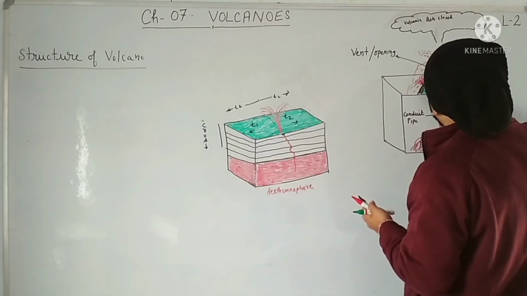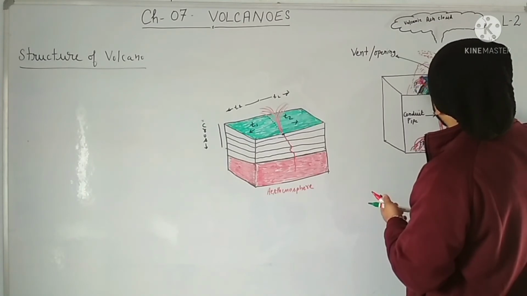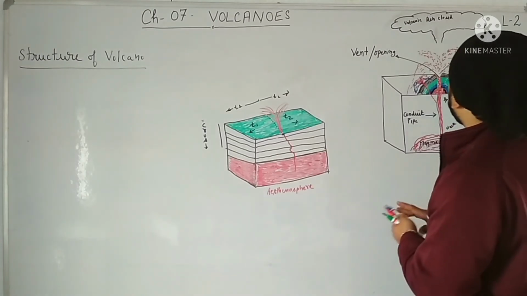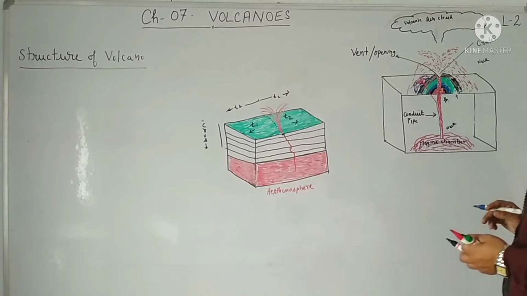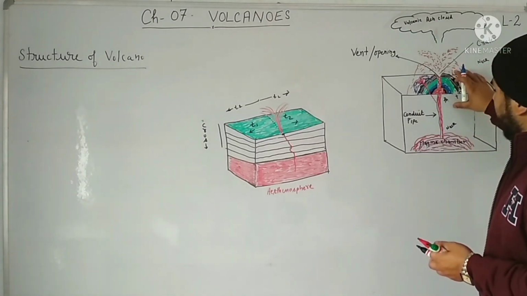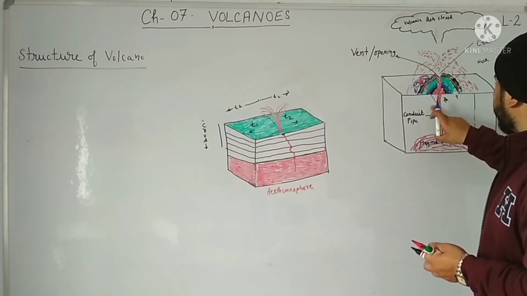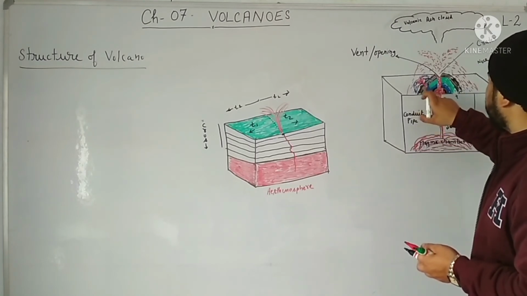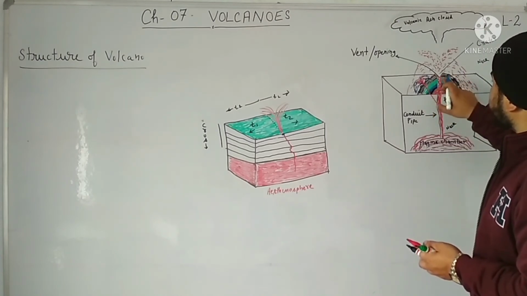So here again one cone will be formed in this manner. I am forming the cone above this. And this will be called parasitic cone. Why parasitic? Because one cone was already there, and this magma which is coming out from this vent is actually spoiling or deforming the shape of this cone.